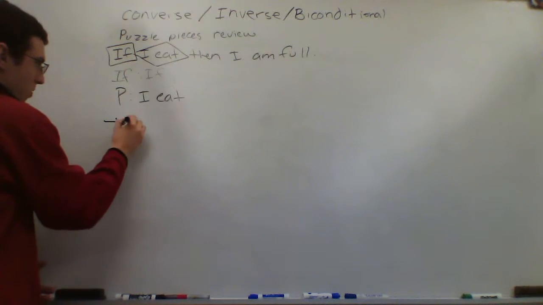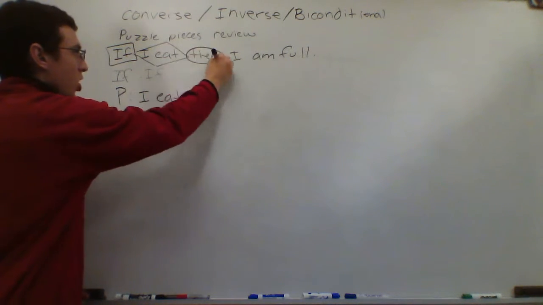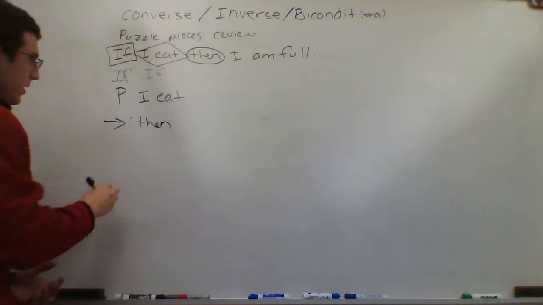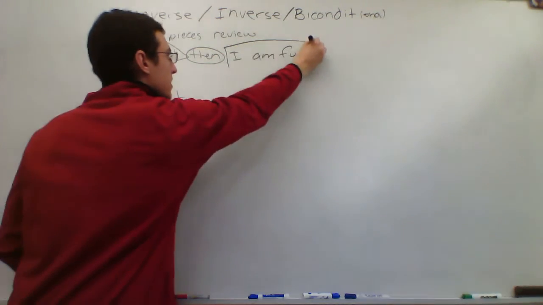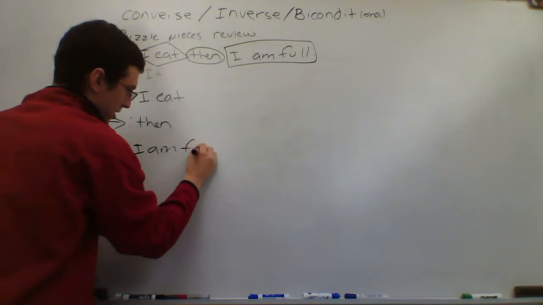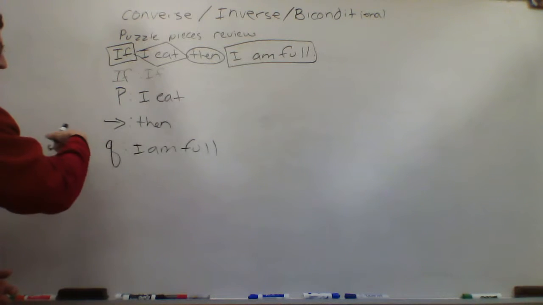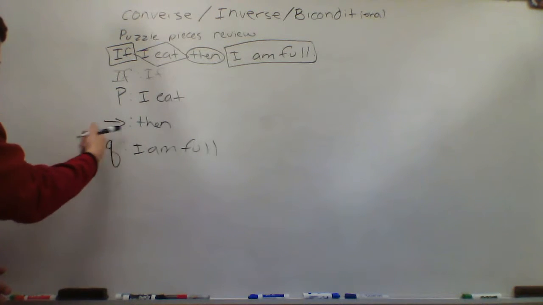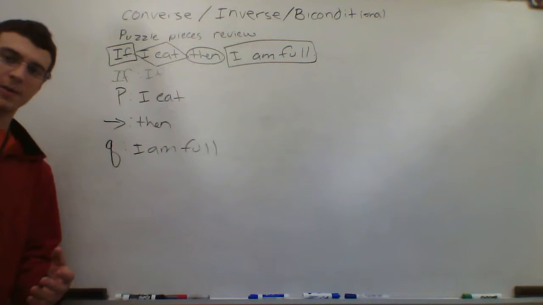Our nice arrow, which is our then, always comes after the hypothesis. And finally our Q, which is I am full. Those are the simple ones: if, hypothesis, if I eat, then, little arrow, then, conclusion, I am full. So remember that.